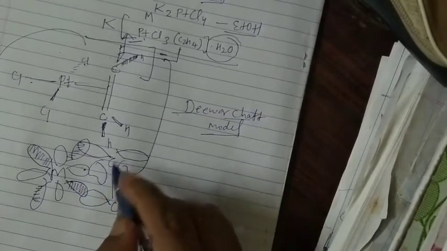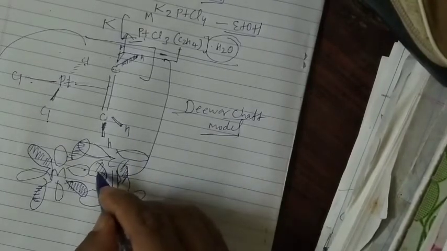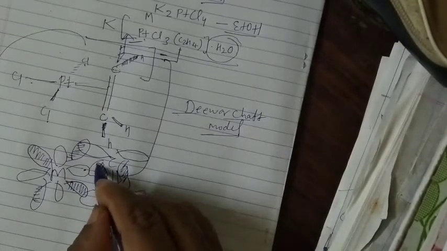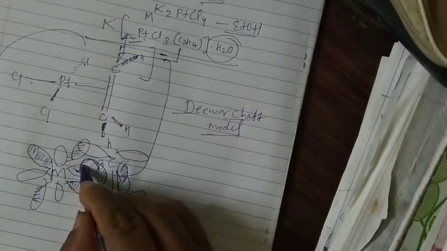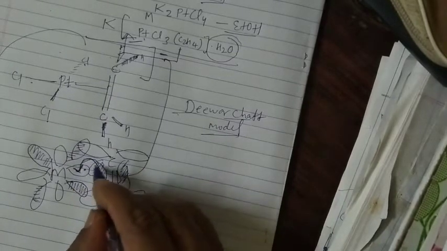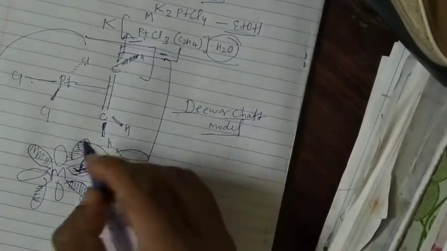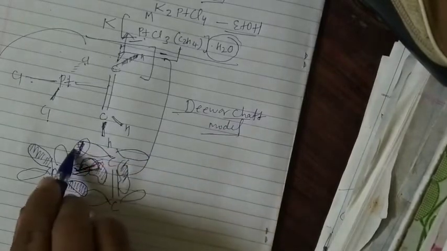You can show it in this way. Okay, so what happens here, this is a filled orbital of the carbons like this, sigma bond. So what will happen here, the filled orbital of this alkene carbon pi bond is going to be donated here to the empty orbital via a sigma bond, and this is going to form a sigma bond in this way. Simultaneously there is a back donation from this filled metal orbital to the empty pi star orbital.